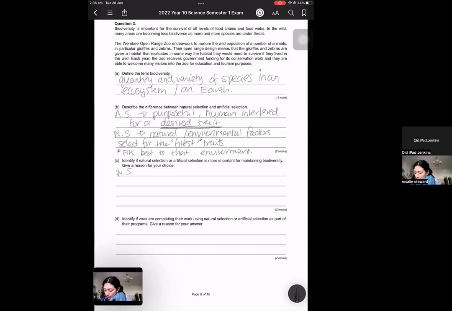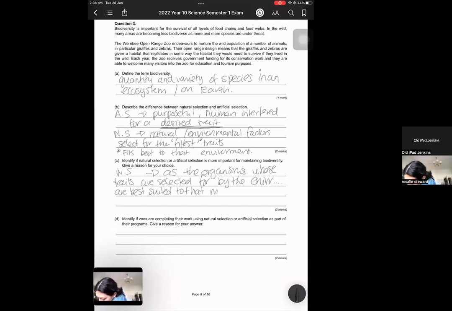Natural selection, and right out the word, I'm just being lazy. Natural selection, as the organisms whose traits are selected for by the environment are best suited to that niche or ecosystem.